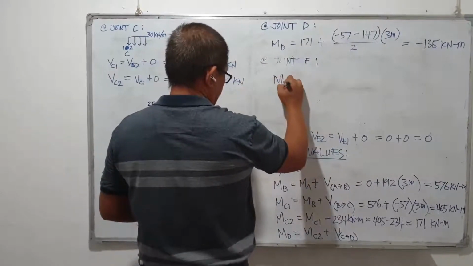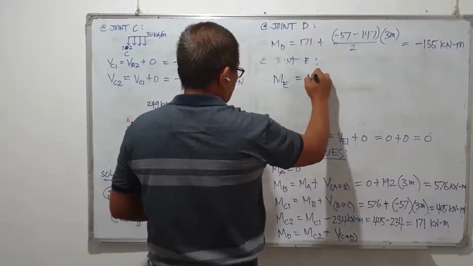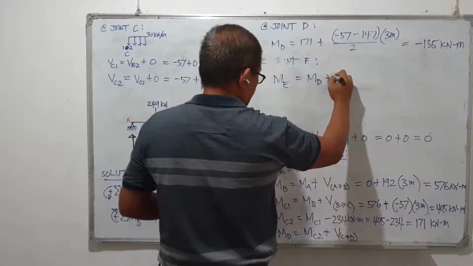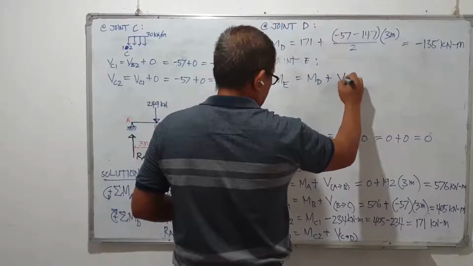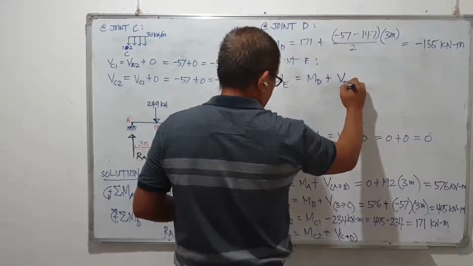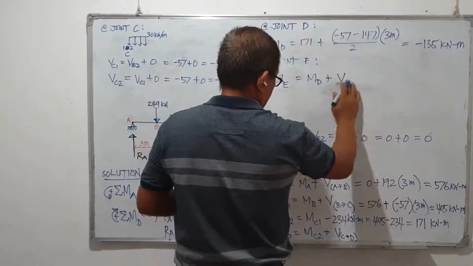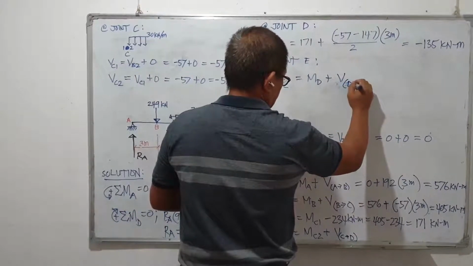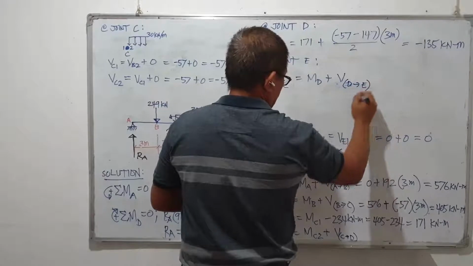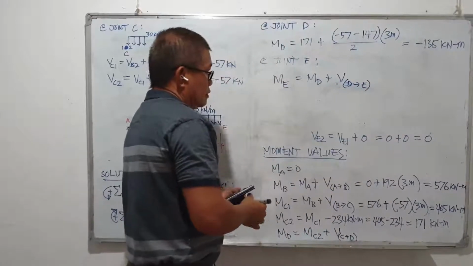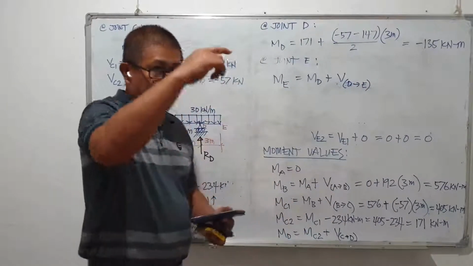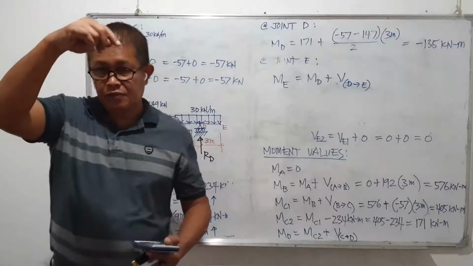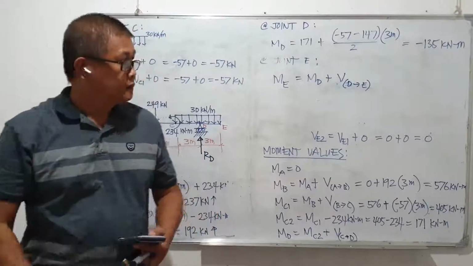We have M sub E equal to M sub D plus the shear area between points D to E. The shear area from D to E is a positive shear area, 90 at maximum with 0 at the free end.